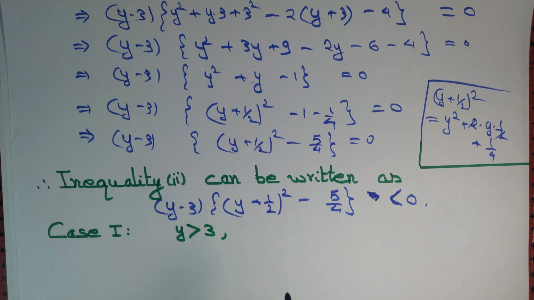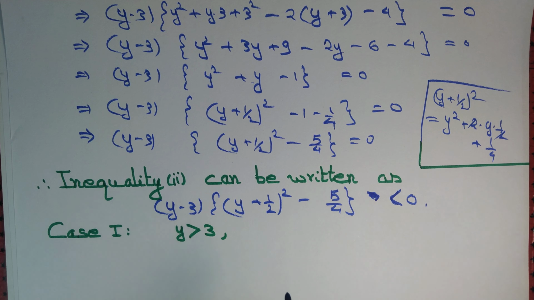If y is greater than 3, then y plus half whole thing square is greater than 3.5 whole thing square, and minus 5 by 4 will be a positive quantity. So y plus half whole thing square minus 5 by 4 is clearly greater than 0. Therefore inequality 2 is not true.